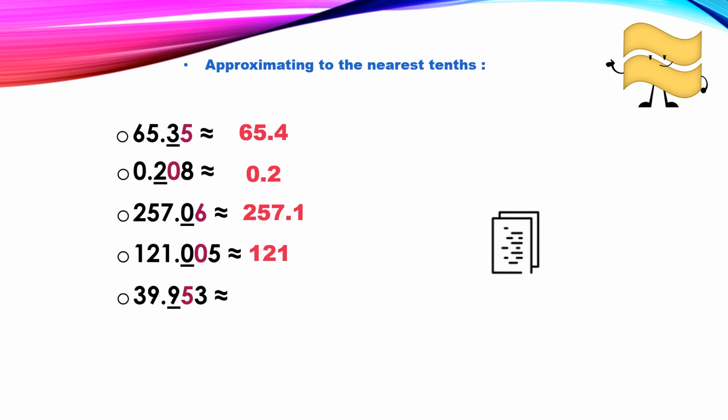Another question. Here is a very important question. 39 and 953 thousandths. My eyes are on the digit in the tenth place. It's 9. What is the digit before 9? It's 5. 5 is rich. When I have 9 in the place I want and the digit before it is rich, I will take 9 and the number beside it.